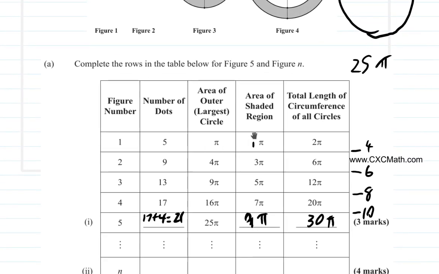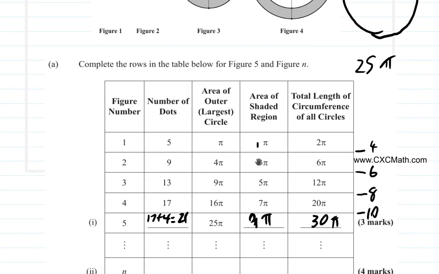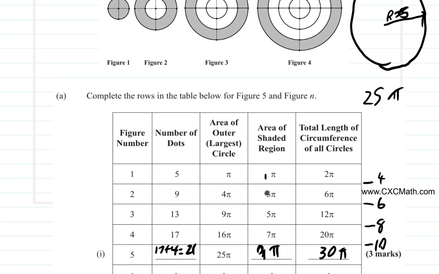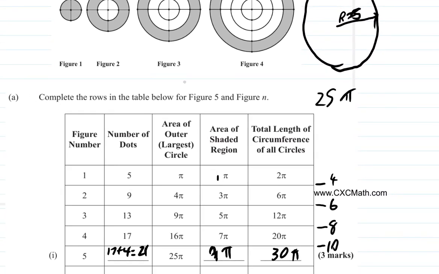Figure 1 is 1 pi. Figure 2 is 1 less pi. Let's see now. How do we get this again? Let's revisit the calculation. Alright? Now, the total area of a circle. This was 5 pi by 5 squared, pi r squared.